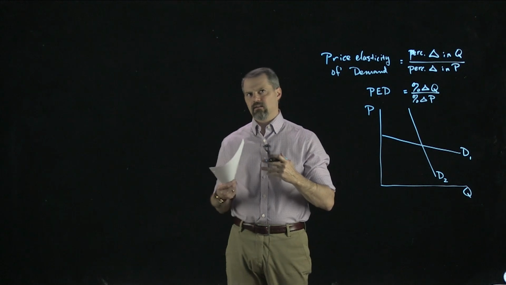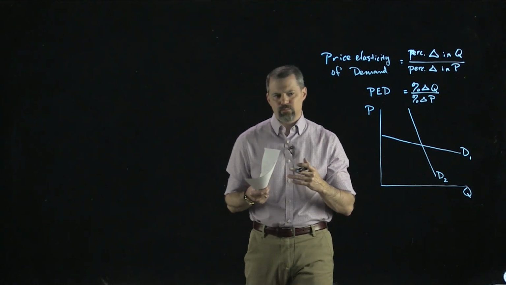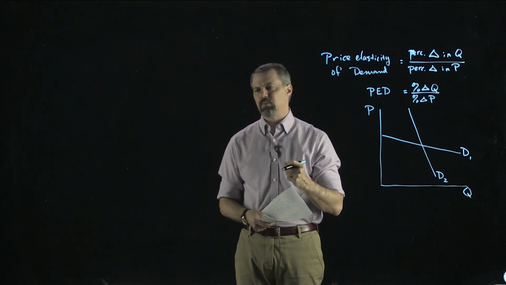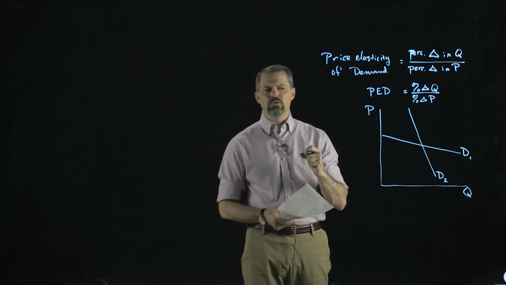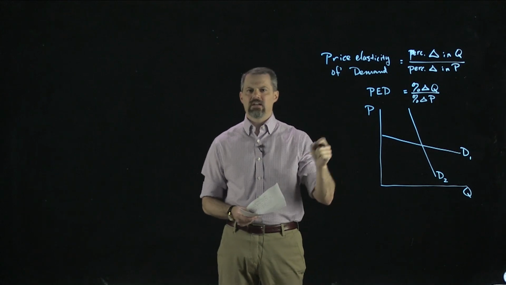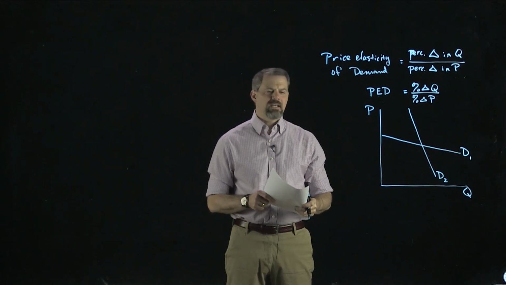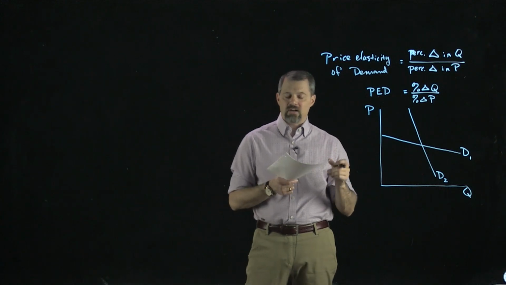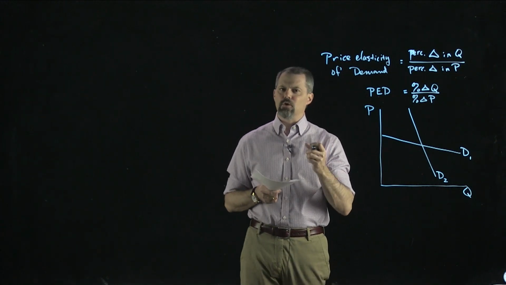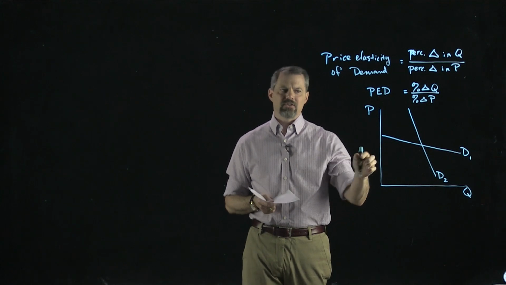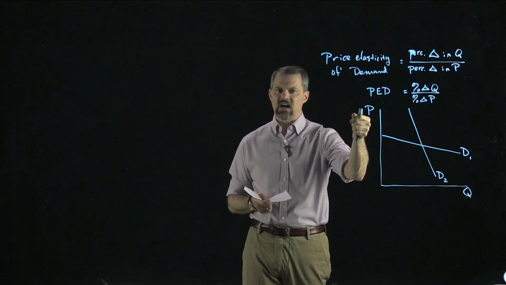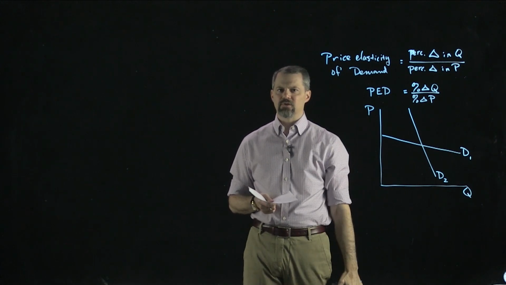And you might remember that another way of measuring the steepness of the demand curve is the slope. The reason that we don't use the slope when we're talking about calculating elasticity is that the slope has units of measure. The slope would be defined in terms of the rise over the run, and the rise is dollars and the run is units of the good.